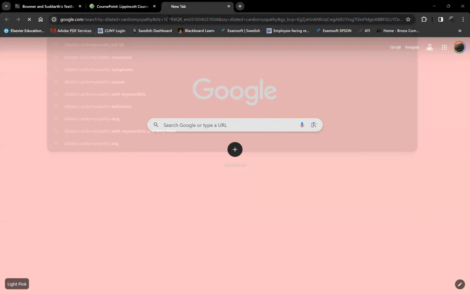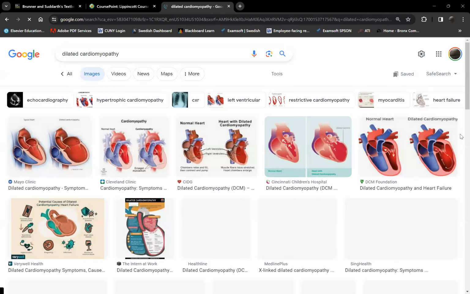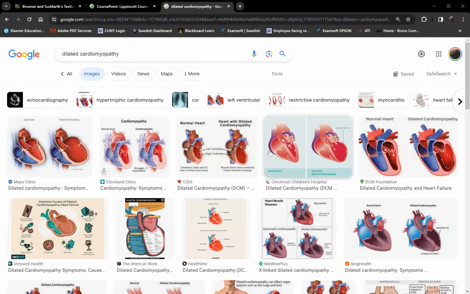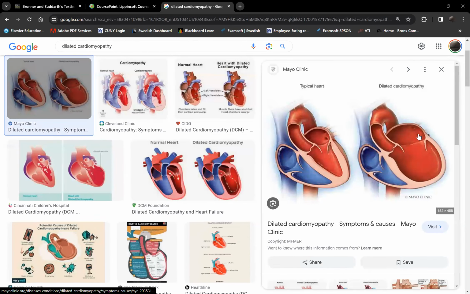Okay, thank you. All right, so those are the indications and they're very specific. They are according to New York Heart Association. Let's go look at what dilated cardiomyopathy looks like. So if your heart looks like this, the one on the right, that is dilated cardiomyopathy. Do you think that if your heart looks like this, it will be able to function properly?